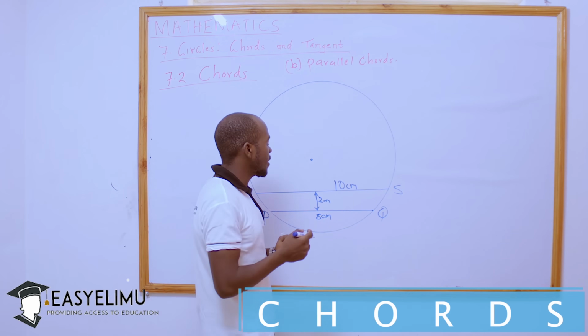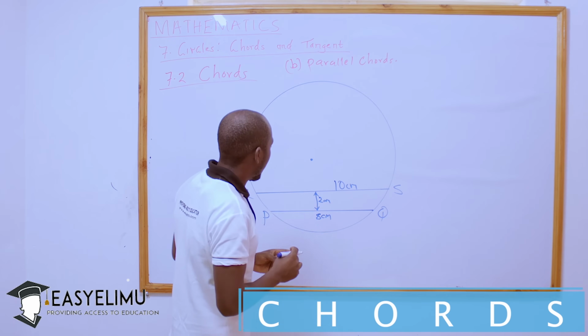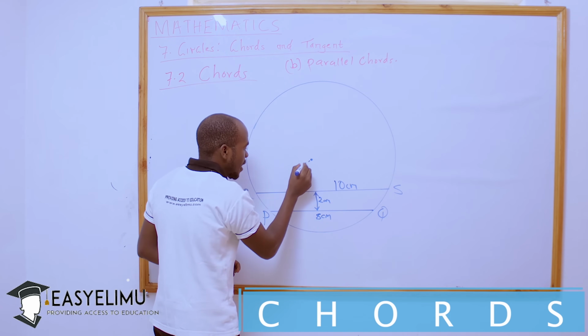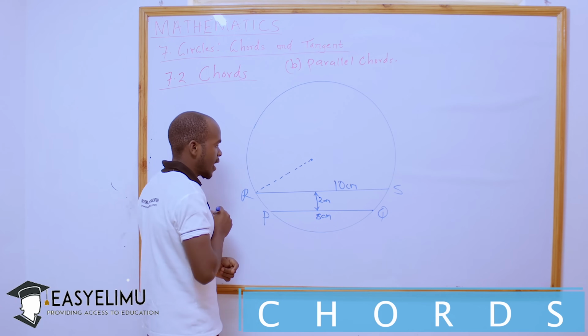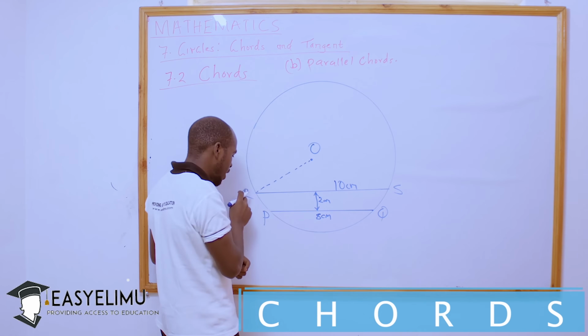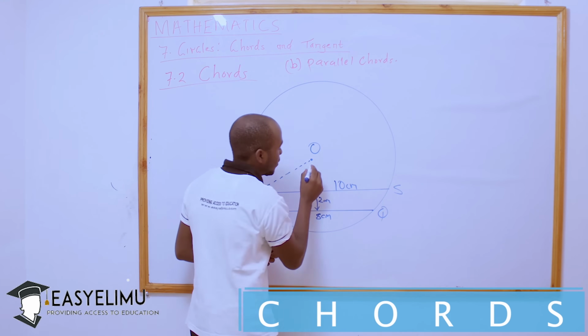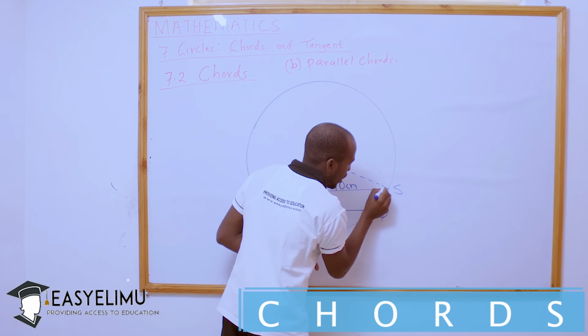If I extend the line from O to meet R, then that will be my radius. The same applies to the other side.